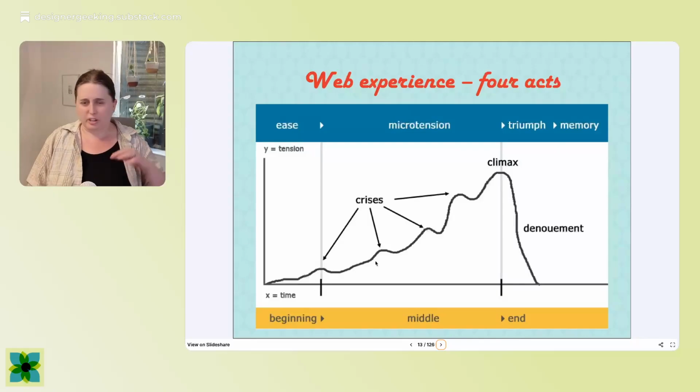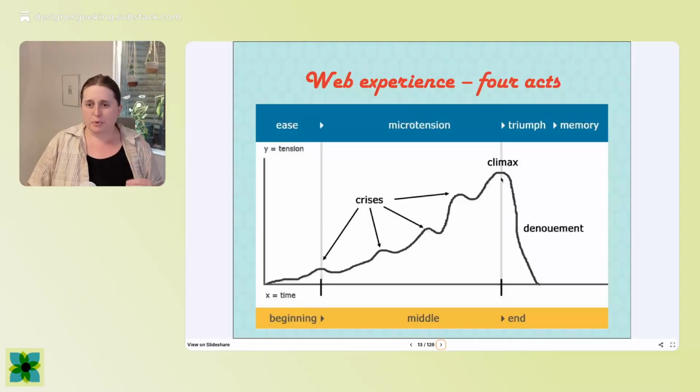In the middle, where you're working through a task, it's okay to have these crises, these micro tensions, moments where you need to engage your brain a bit more and then resolve, engage your brain, resolve, and then get to this triumph, this climax, the success moment.